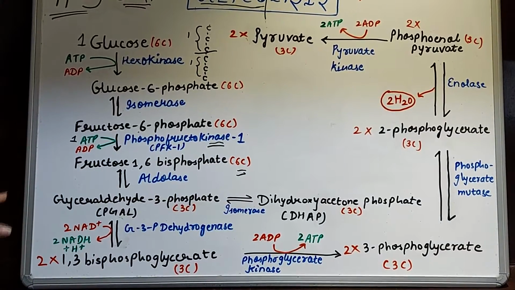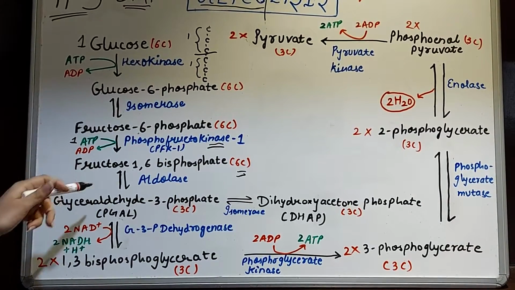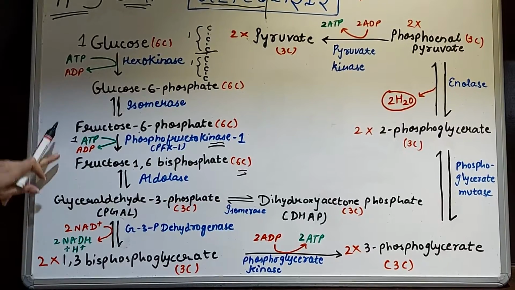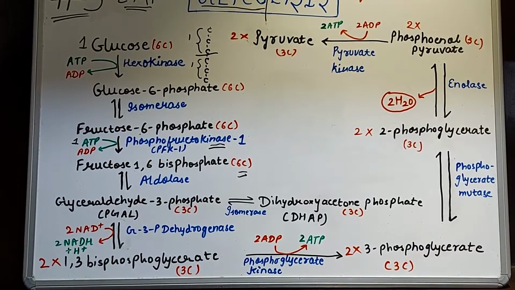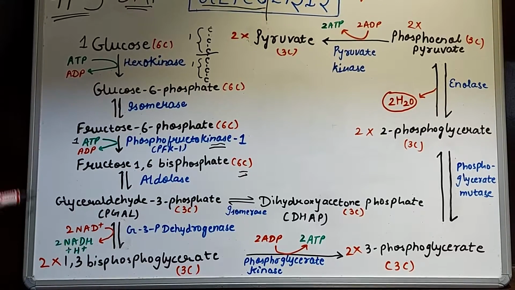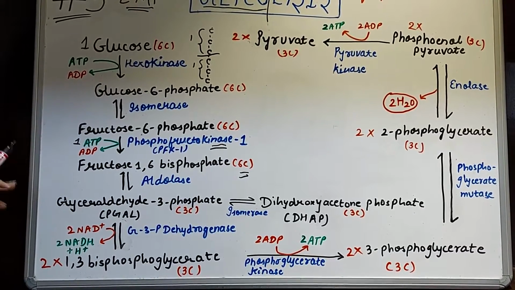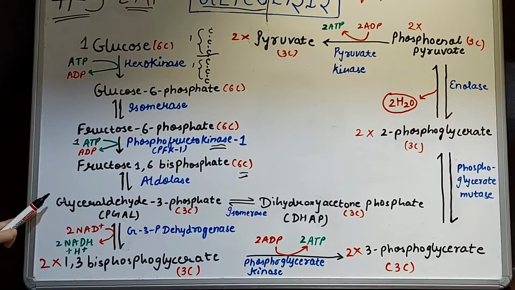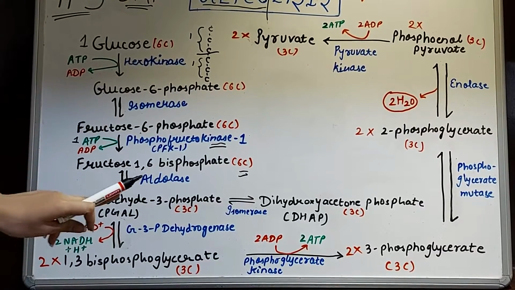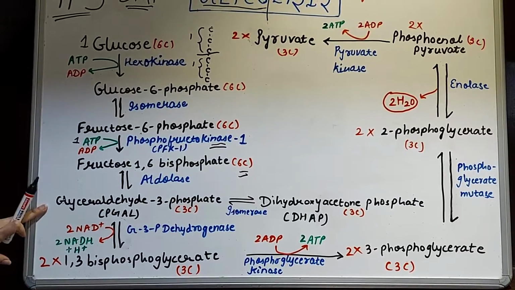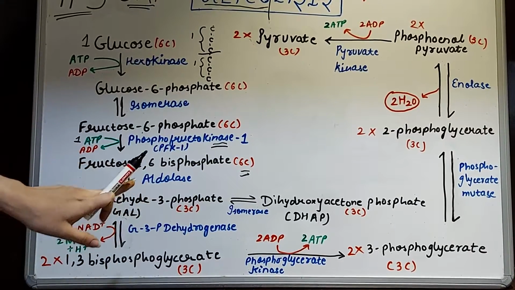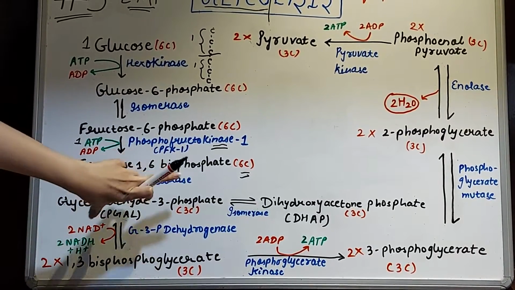This reaction is catalyzed by the enzyme aldolase. So fructose 1,6-bisphosphate, a 6 carbon molecule, is converted into 2 three carbon molecules. The name of one molecule is glyceraldehyde 3-phosphate and the name of the other is dihydroxyacetone phosphate. Glyceraldehyde 3-phosphate and dihydroxyacetone phosphate are in equilibrium.